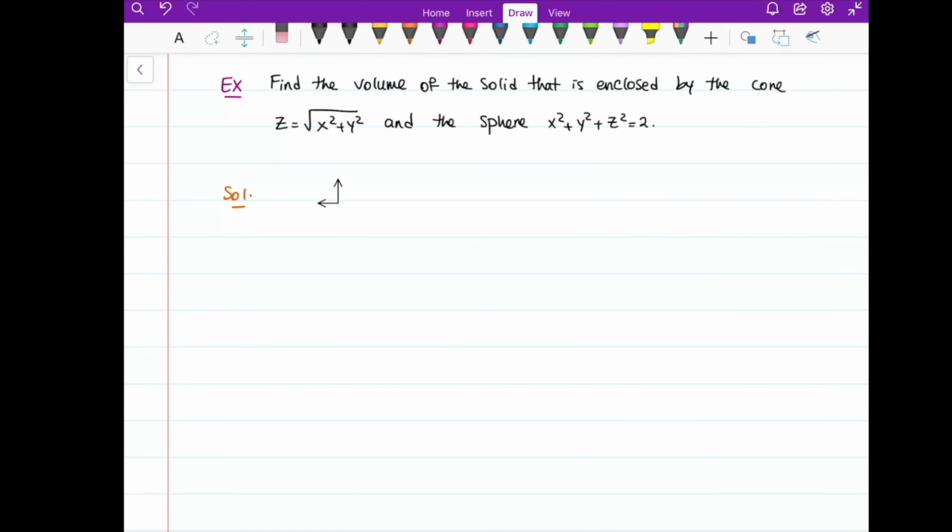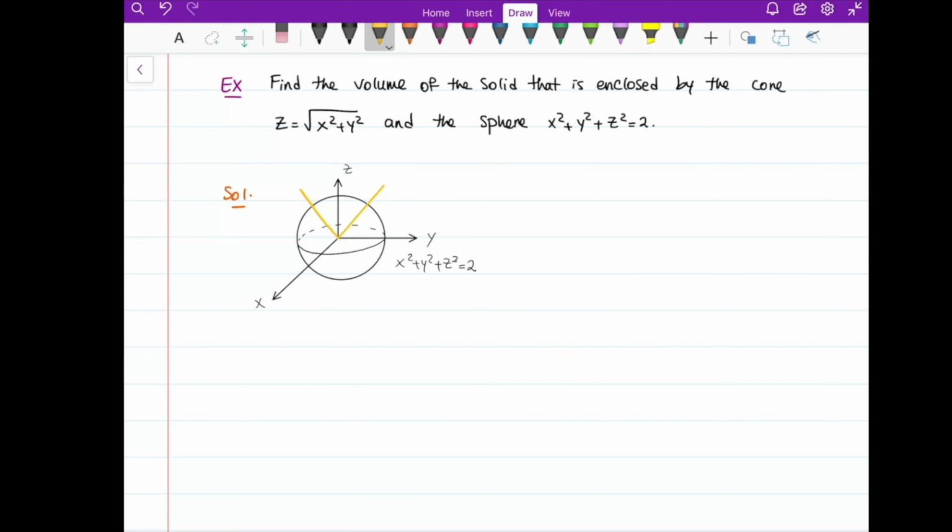So I'm going to graph y, z, and then the x-axis. I have a sphere of radius square root of 2. This is the equation of the sphere: x squared plus y squared plus z squared equals 2. And then I have a cone in here. You know how to find the equation of the cone, right?